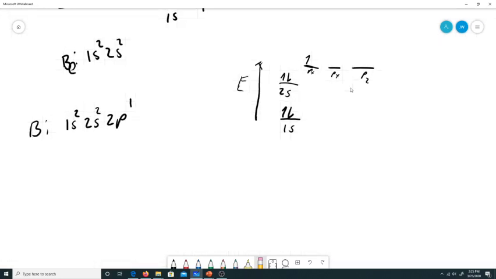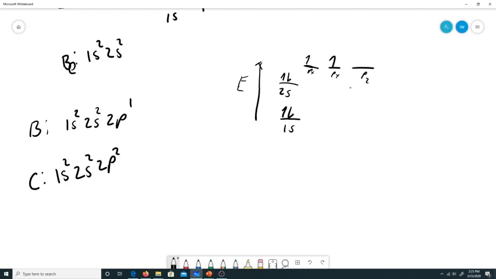So carbon is 1s2, 2s2, 2p2. Very much like boron, so we're adding one more electron to the p block. And my diagram will be very similar. I'll take what I already have and add one more line.